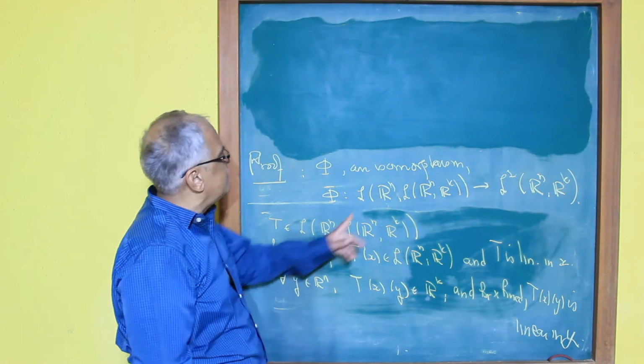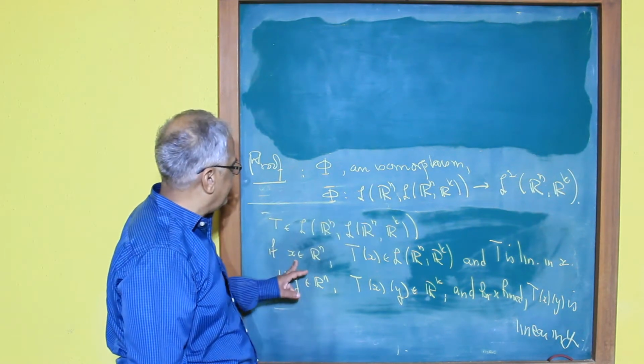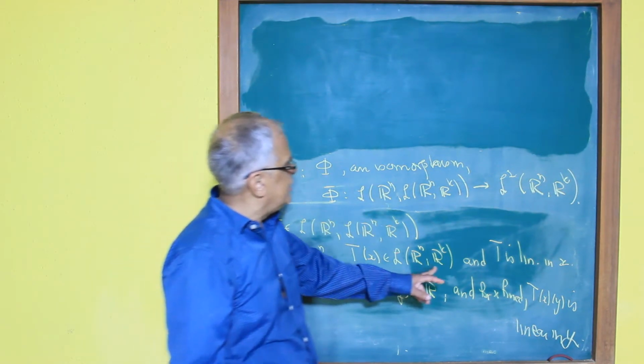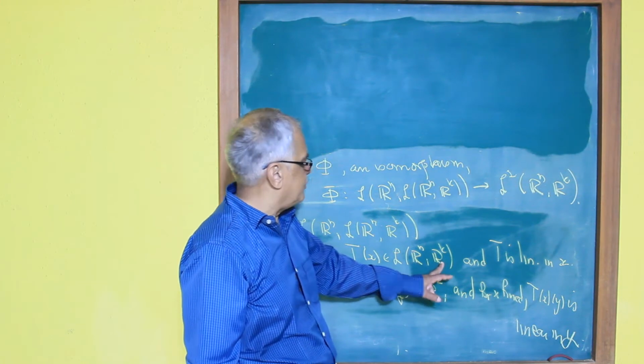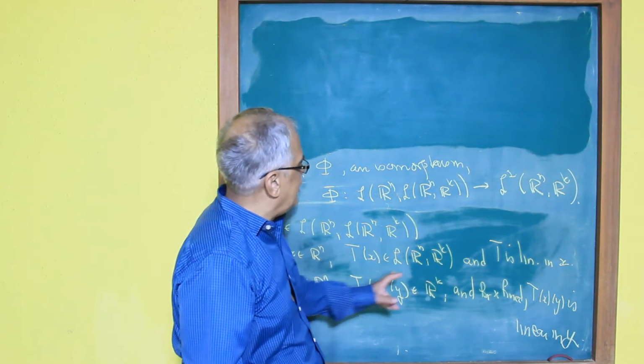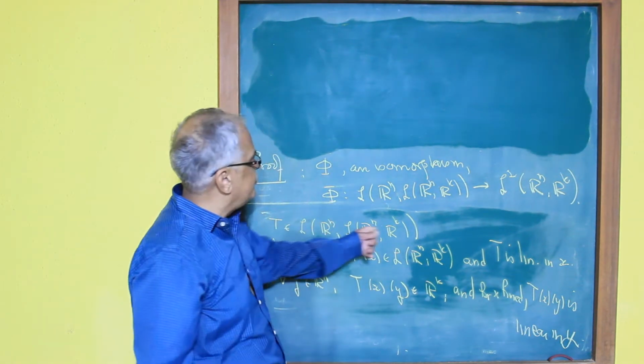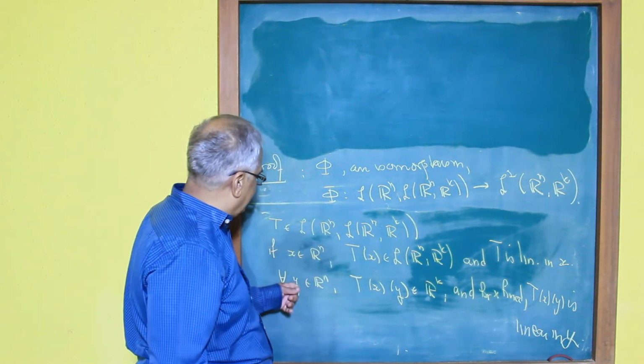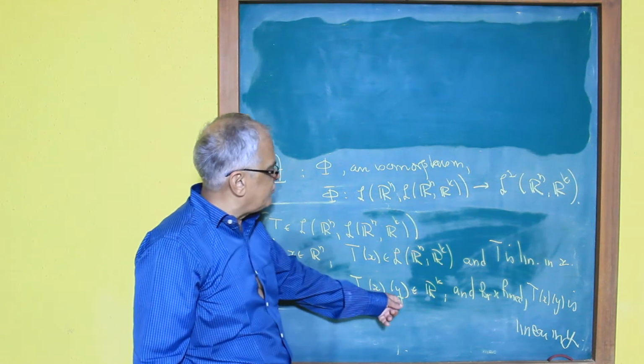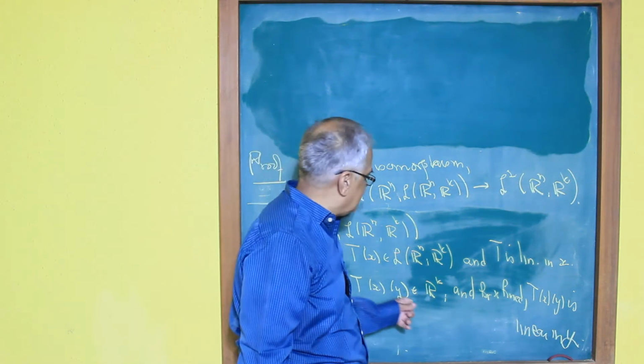So let T be an element here. If you fix your x, T of x is in linear maps from Rn to Rk. X is in Rn, and T is linear in x. That is the meaning that T is in this space. If you fix your y, then T x of y is linear in y.